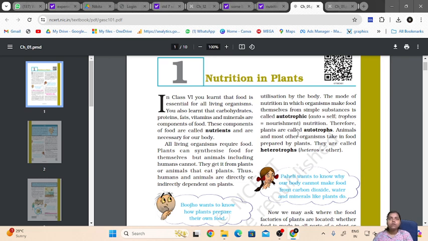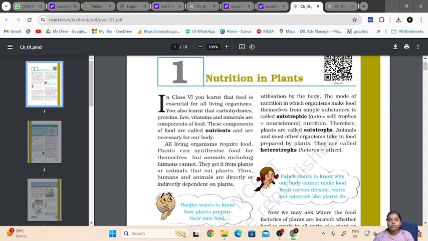We also know about proteins, vitamins, minerals, fats. These are all the components of the food. So now we will see what is nutrition in plants.